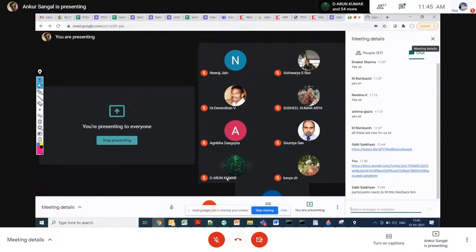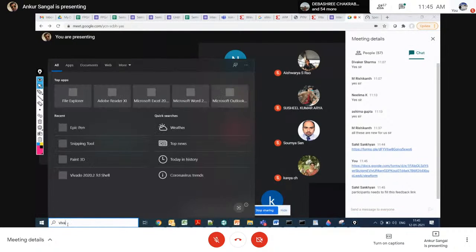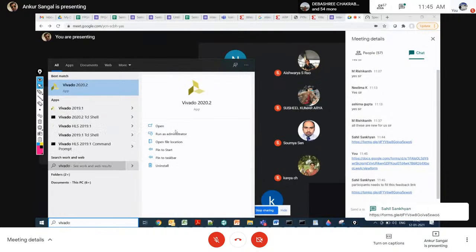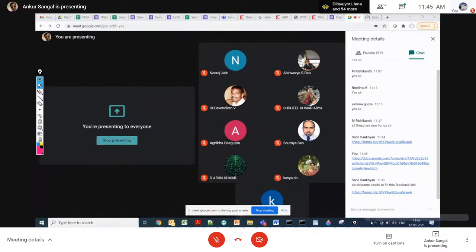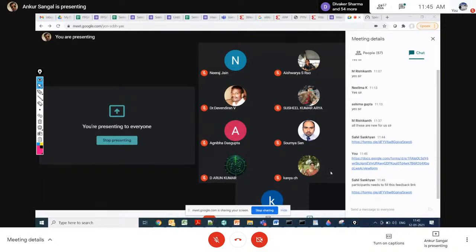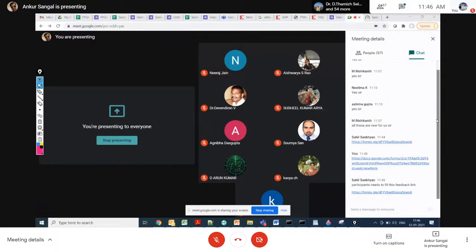Okay, so now I can open the Vivado toolset. Actually, it will take some time, because in the new Vivado toolset, lots of new libraries related to AI, machine learning, and IoT are already added.